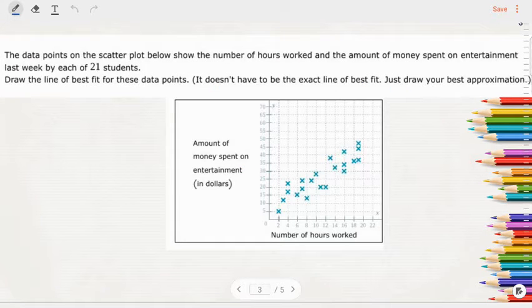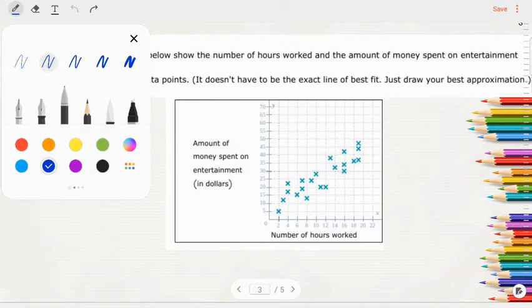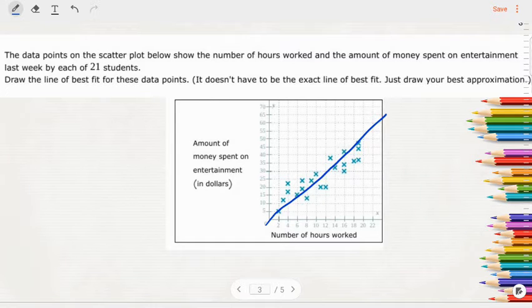So if I wanted to draw in this line of best fit, is this a good line of fit? No. I'd draw it as best I can above and below. Now, one thing I want you to make sure that you know is that sometimes students think that you have to go through 0. Okay, and that's just not the case.